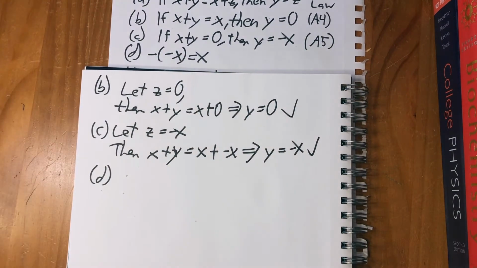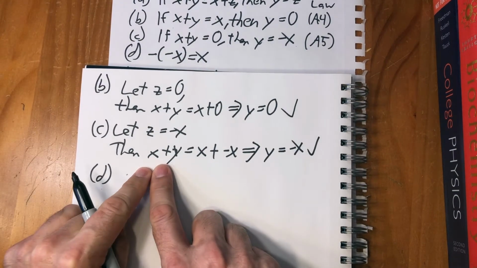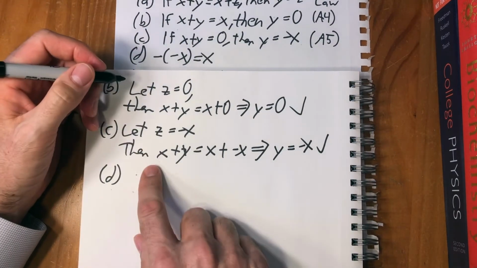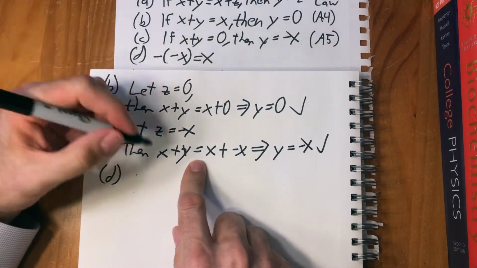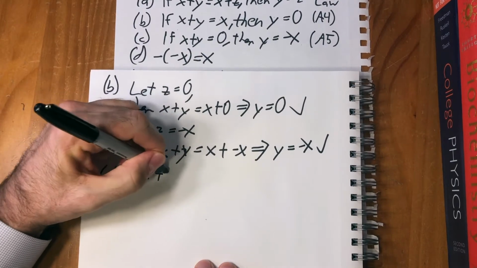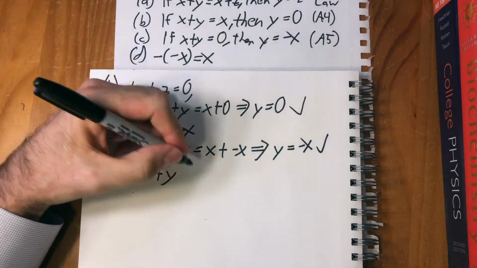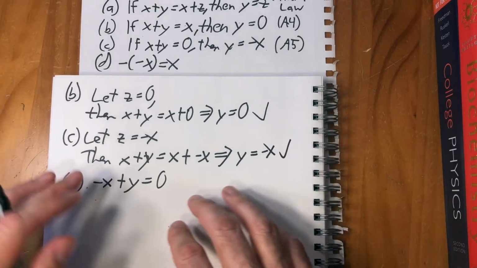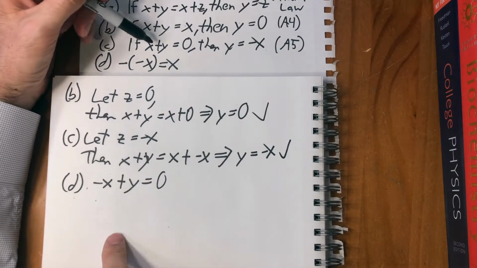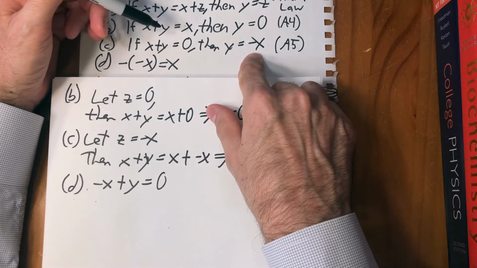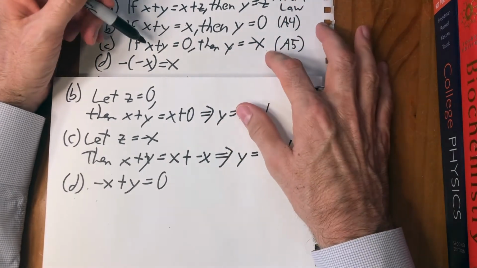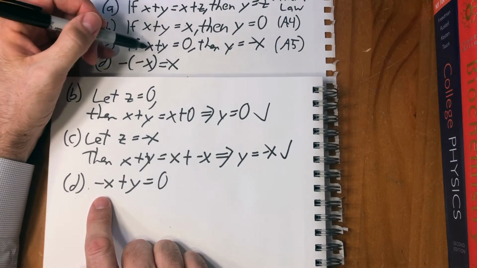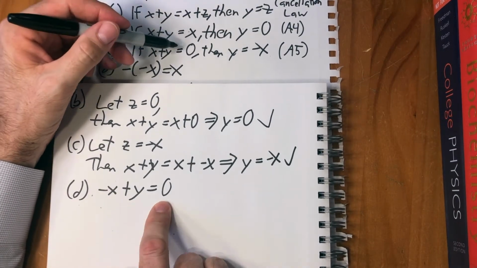So starting with C, let's start with minus x instead of x. So we have here minus x plus y equals 0. So the rule of C is that if you have x plus y equals 0, then y is the opposite of x. So here we have minus x plus y equals 0.